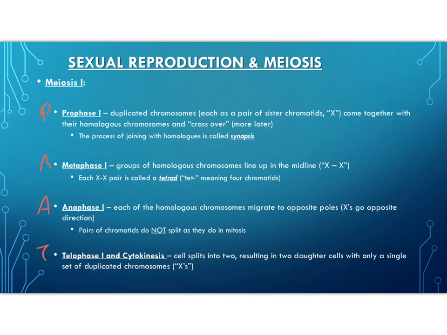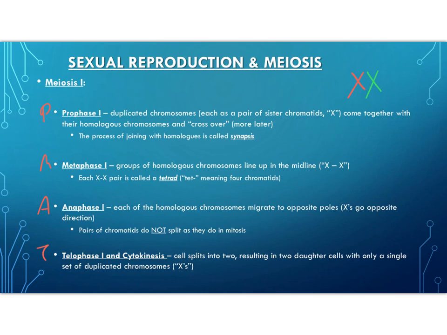All right, so for prophase 1, we are going to see our homologous chromosomes moving around as pairs. And we call these homologous pairs of duplicated chromosomes. So instead of just a single X-like chromosome moving around in the cell, we're actually going to see these pairs of chromosomes.